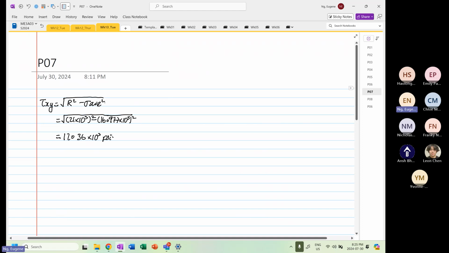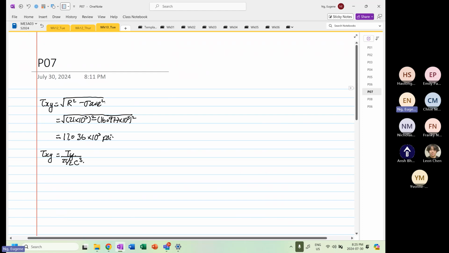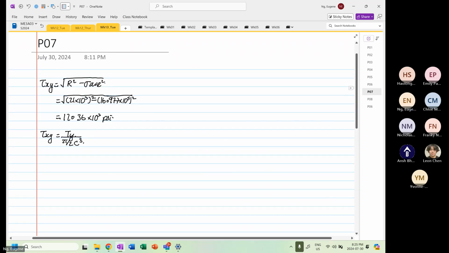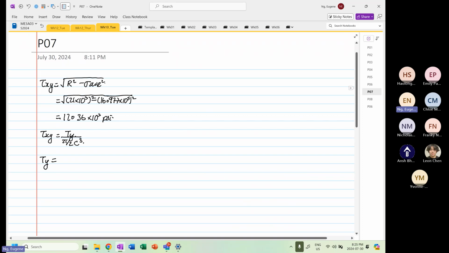So from here, we know that shear xy is equal to Ty over pi over 2 c cubed. Okay, we derived this earlier. Okay. So torque about the y-axis, the shear xy is equal to 12.36 times 10 to the power 3 multiplied by pi over 2, 0.75 cubed.